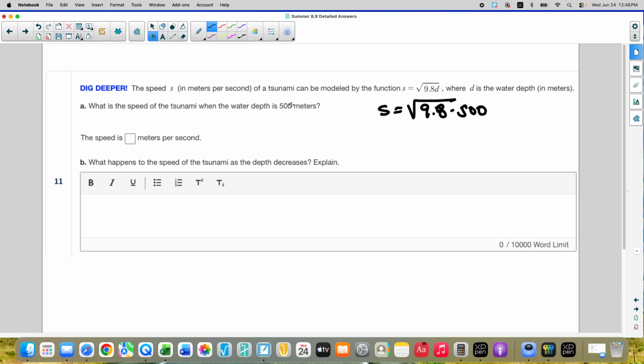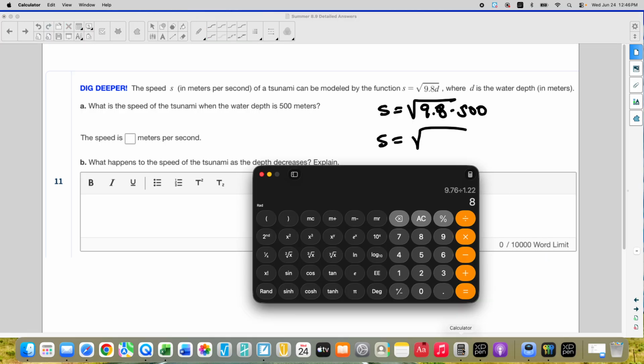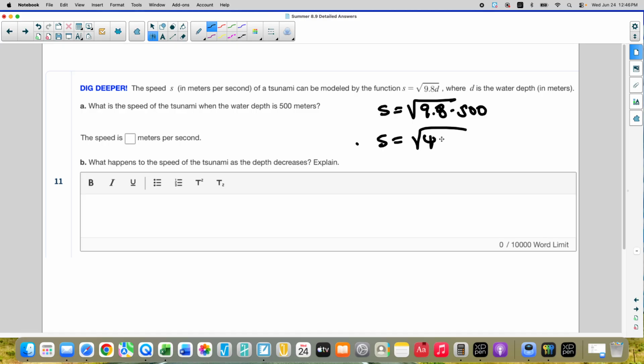d is in meters. We're given it in meters. So s equals the square root of 9.8 times 500, which gives us 4,900. We see that 49 is a perfect square, so we can separate that to 49 times 100.